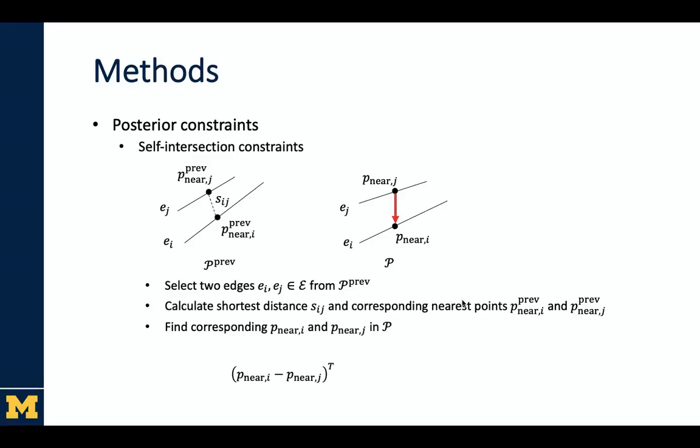P near I minus P near J is the right red vector shown here, and the unit vector along the previous P near I minus P near J is the left red vector shown here. We require their dot product to be larger than S if Sij is smaller than Scheck, and S could represent the width of cloth or radius of rope.